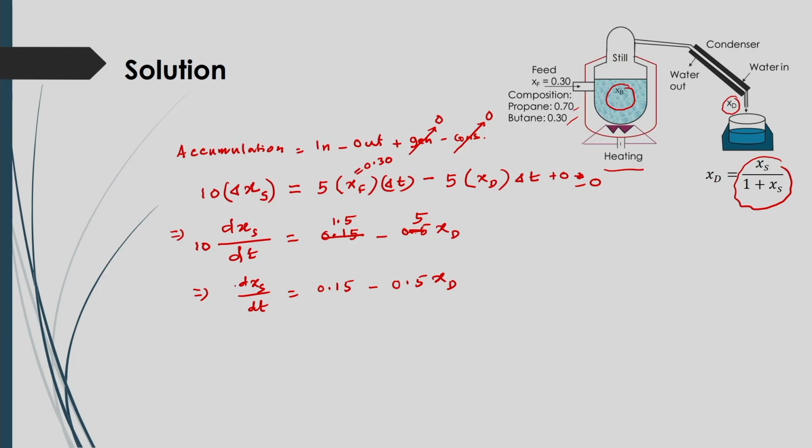So this is your final equation. This is one differential equation from this material balance, that is the unsteady state material balance.